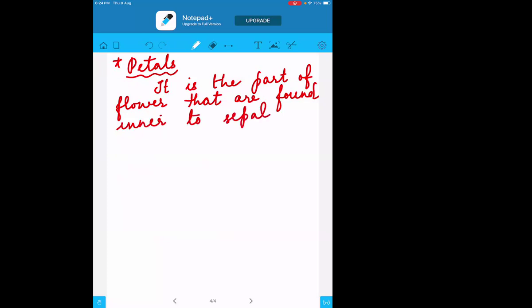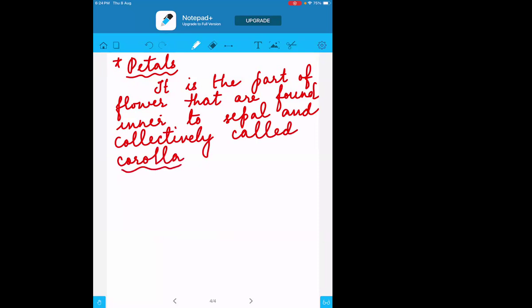So inside the sepals they will be present, and collectively they are called corolla. Fine. So when we are talking about all the petals together, instead of saying petal, what other name do we call them? As the corolla. So corolla is the other name.